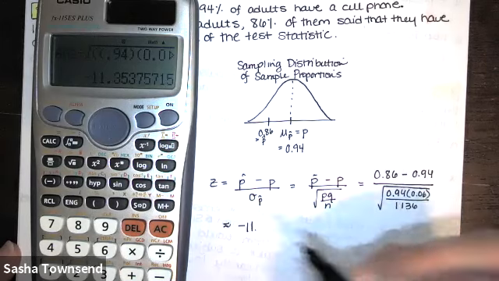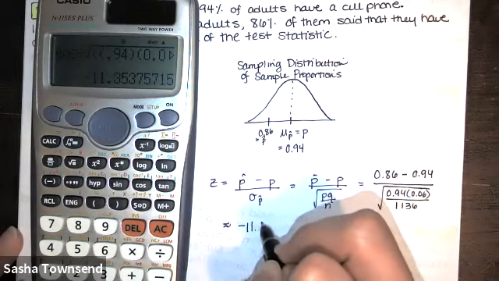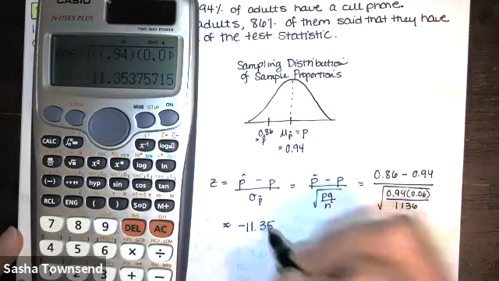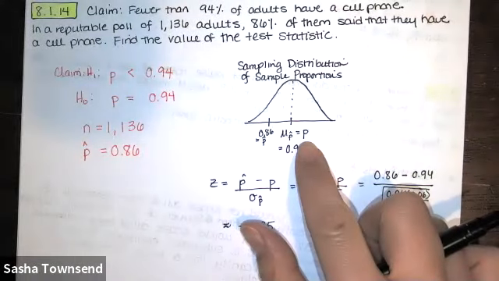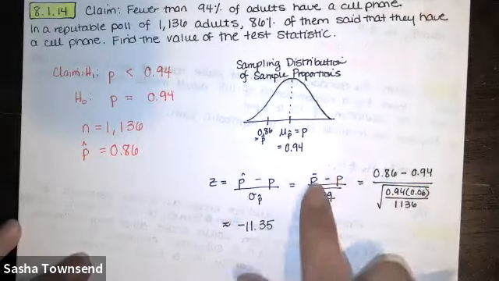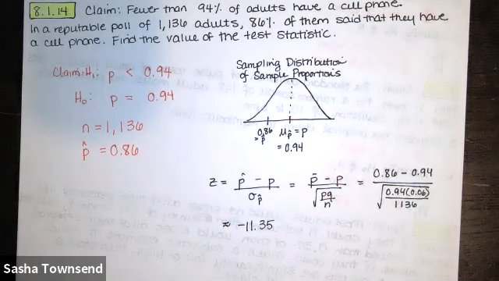That seems pretty significant, even though it doesn't look like it on my picture. What this is saying is that if this is the true population proportion, then this P hat of 0.86 is approximately 11.35 standard deviations below the mean. That's a lot of standard deviations below the mean.